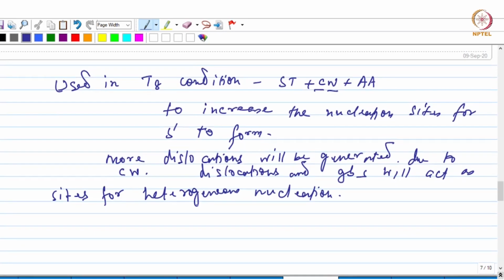And if you look at the properties in this condition, the yield strength, which is for aluminium alloy basically the 0.2% proof stress, is 415 MPa.